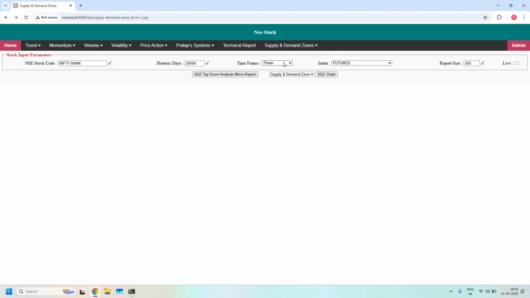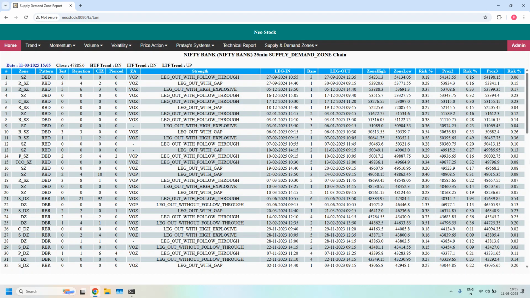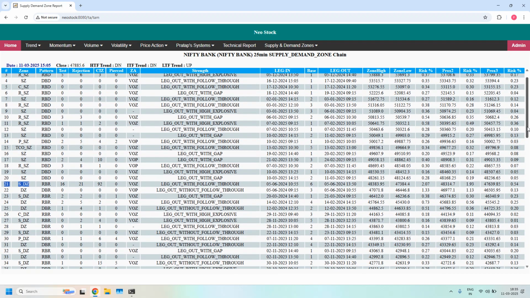Next, 25 minutes supply demand zone chain for Bank Nifty. Let me adjust in the center.